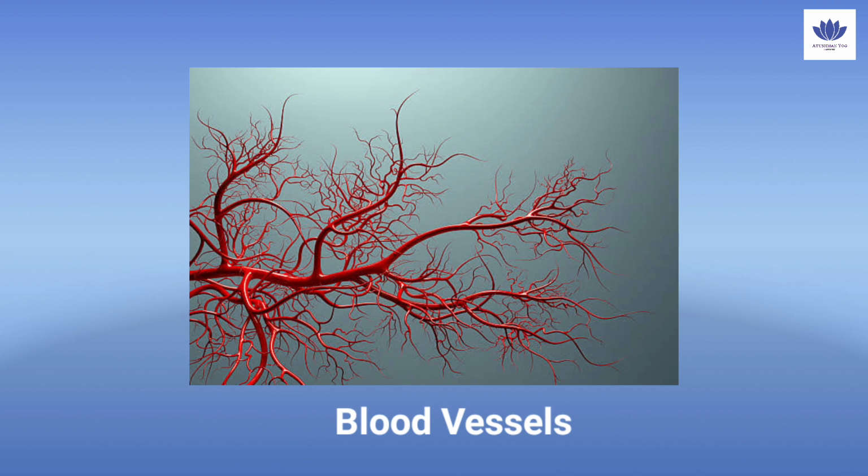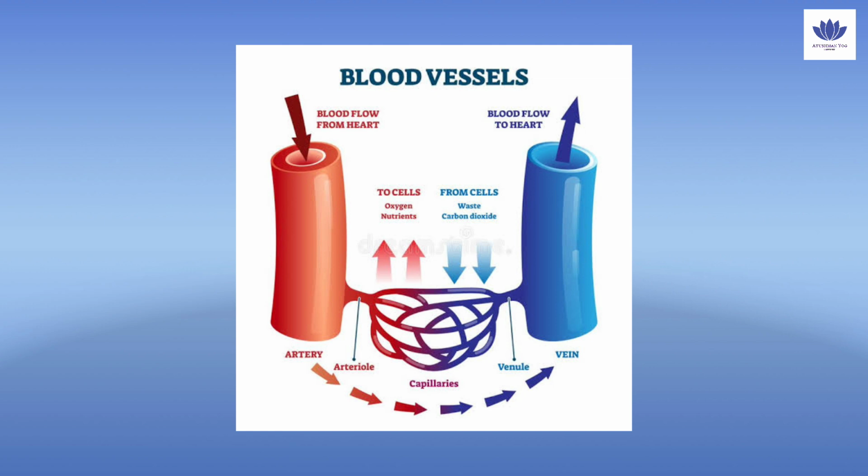Now the blood vessels. Blood vessels are meant for carrying blood throughout the body. There are two types of blood vessels, arteries and veins. The oxygen-rich blood travels through the arterial blood vessels. The largest artery is the aorta. Arteries are further divided into smaller vessels, arterioles and arterial capillaries. Capillaries are the smallest blood vessels.